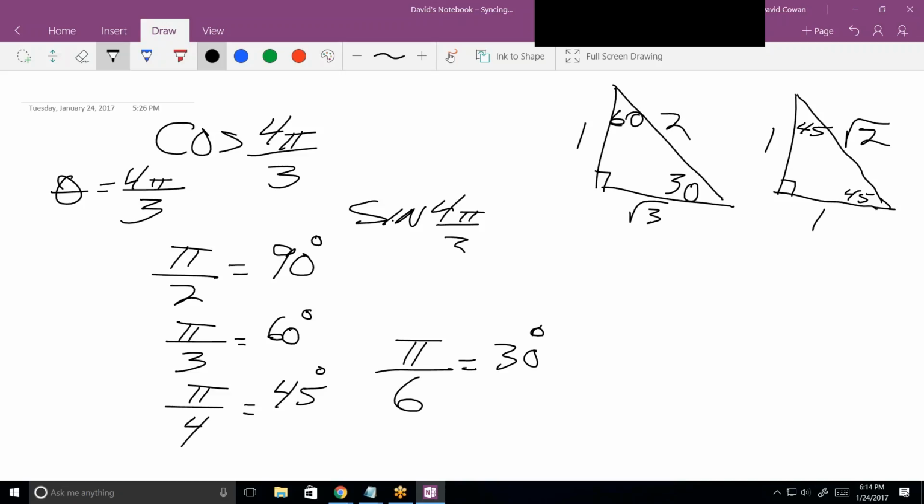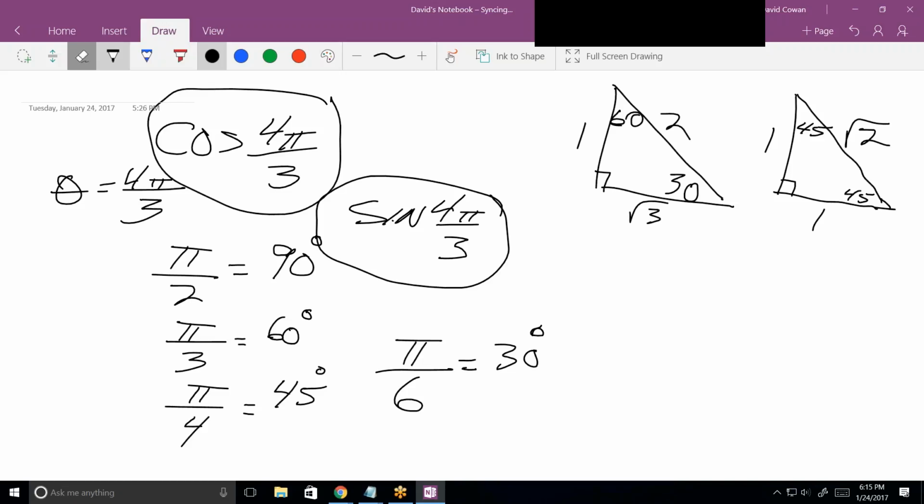Remember the point that is x comma y. X is the cosine of that angle. Y is the sine of that angle. In order to find that xy coordinate, we need to answer that and that.